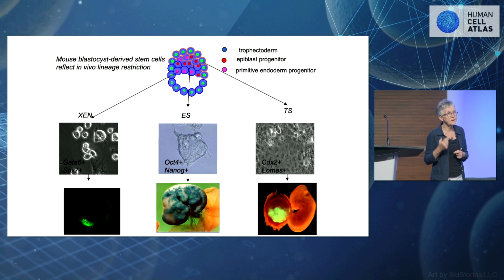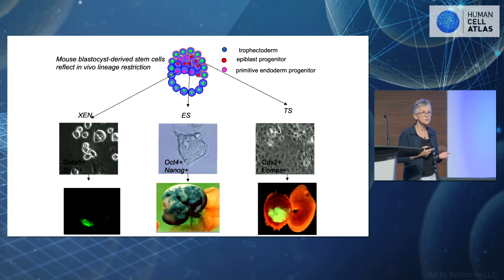And very importantly, this is the mouse. We can actually test the potential of those cells by putting them back in the embryo, what we call a chimera. If you take embryonic stem cells and put them back into the blastocyst, what you're seeing here is that the embryonic stem cells give rise to all the cells of the fetus, but not to the yolk sac or the placenta, so they reflect the pluripotency of the epiblast.